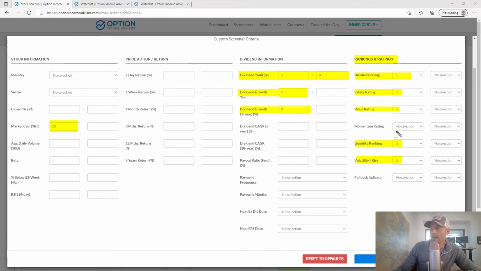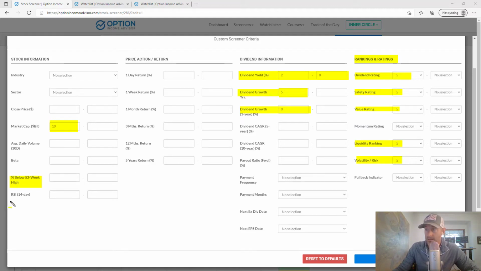And so I didn't put any pullback parameters in here. You can see right here, we've got percent below 52-week high. Sometimes if I'm looking for stocks that have pulled back quite a bit, you can actually screen for that. But for this particular screen, I just wanted to pull up stocks, and even if they're overpriced right now, I want to take a look at them so they're on my screener.